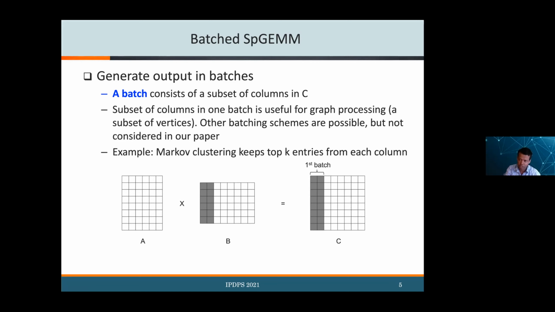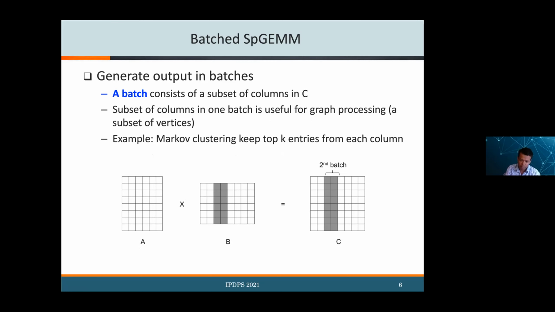We generate it first, and then the application consumes it. Then we generate the second batch, and the application consumes it, and so on. One obvious side effect of this is we may need to communicate the first matrix more than once. So if we need more batches, it can impact the communication complexity.